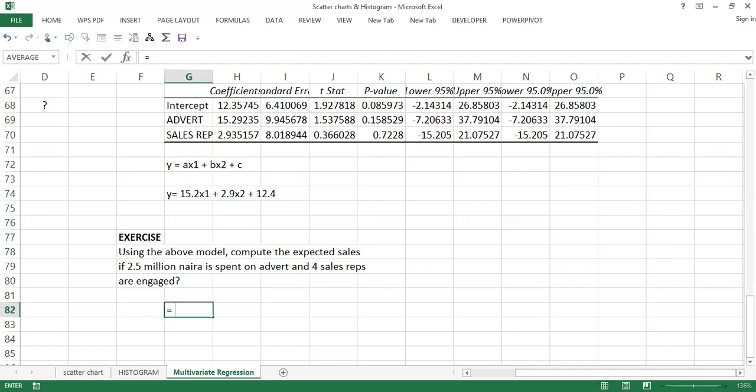Equals. From the model, we can see that in this case, our X1 is what? Our X1 is 2.5. Yes, it's 2.5 million.